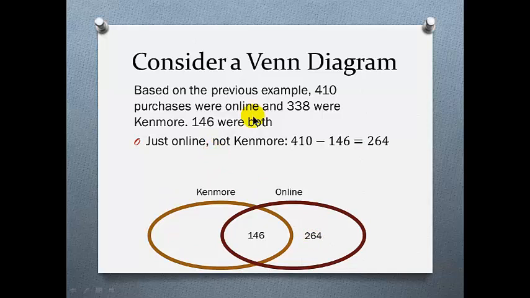Similarly with the Kenmores, there were 338 Kenmores, but that includes the overlap. So when we subtract out the overlap, 338 minus 146, we find there's 192 Kenmores purchased that were not online, that were in the store. This idea of subtracting out the middle and subtracting out the overlap can really help us when we're trying to have two things occur at the same time.